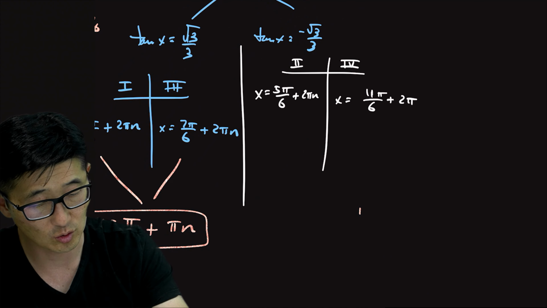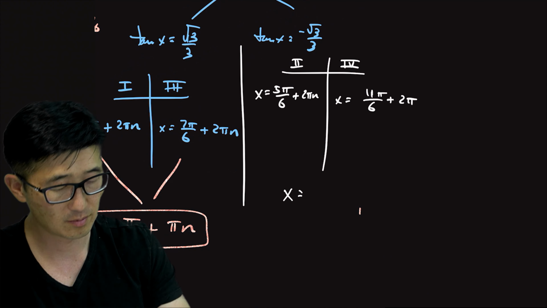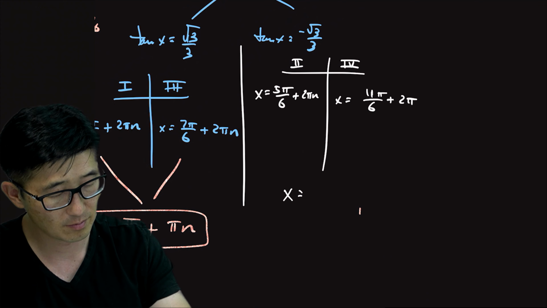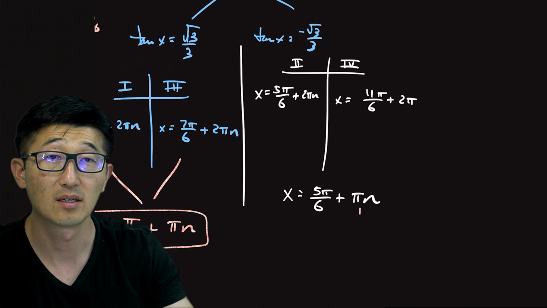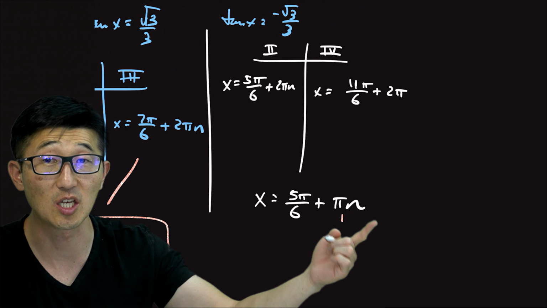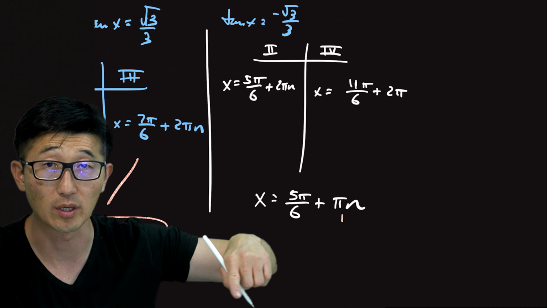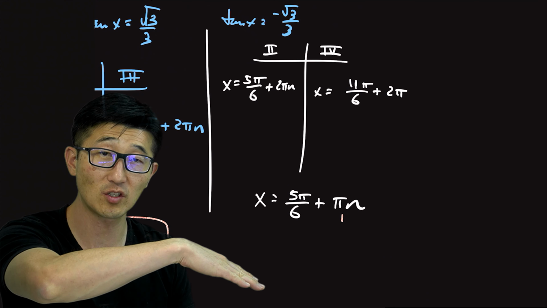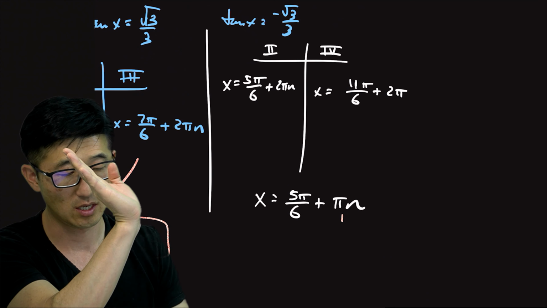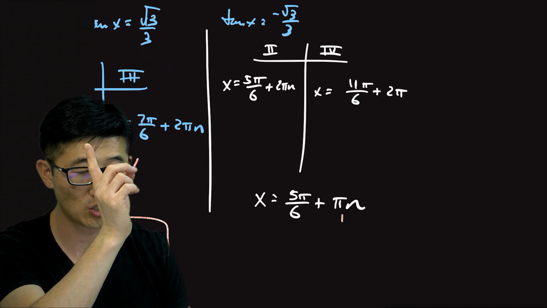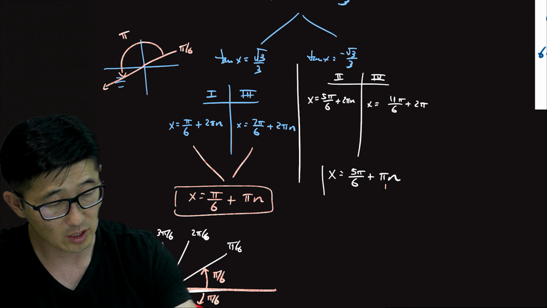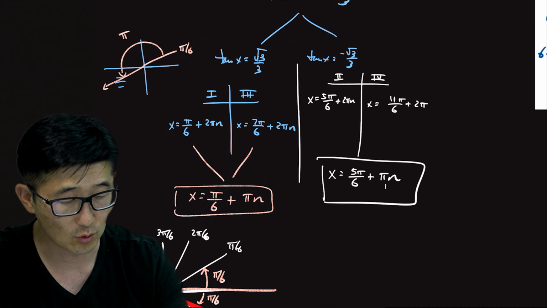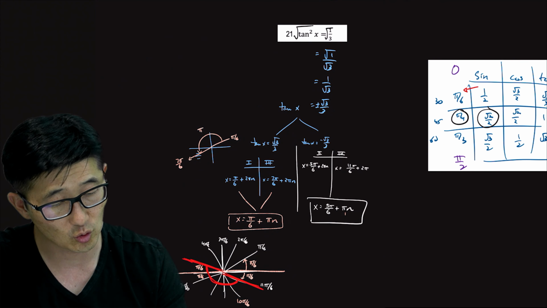Yep. So what would it be? It would be 5 pi over 6 plus pi n. Yeah. I mean, it is pi, but n just means keep on what? Keep on going. Yeah. Once you hit 11 pi over 6, add it again, you're back to where it was originally, and then it'll just keep on going in circles. Okay, so these two are the answers for number 21.